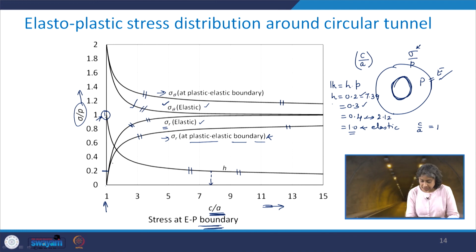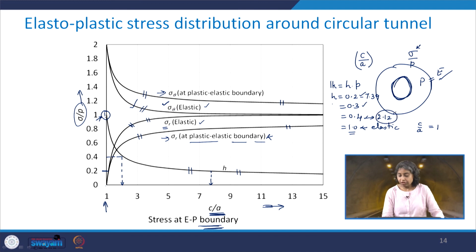Similarly, for 0.4, here you see this is going to be something like 2.12. So, this is how the variation of H will be with respect to the non-dimensional radius of the elastoplastic boundary.